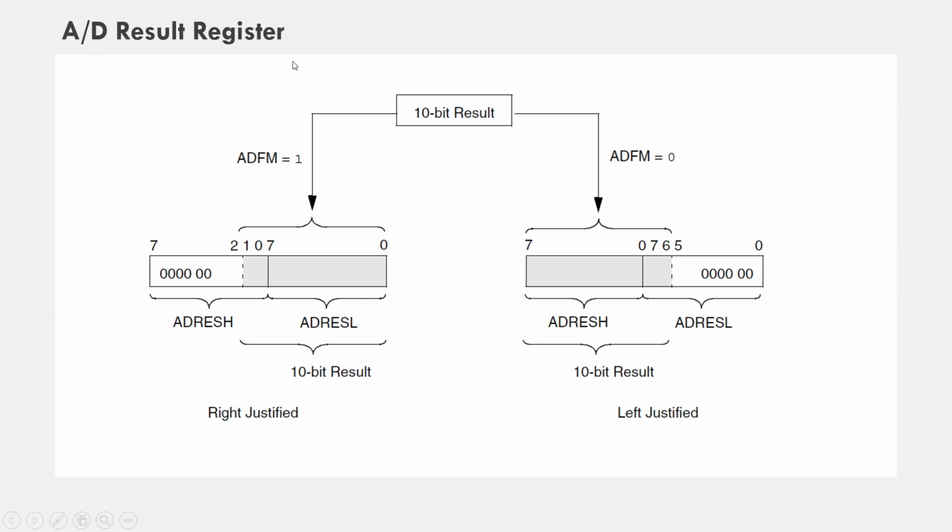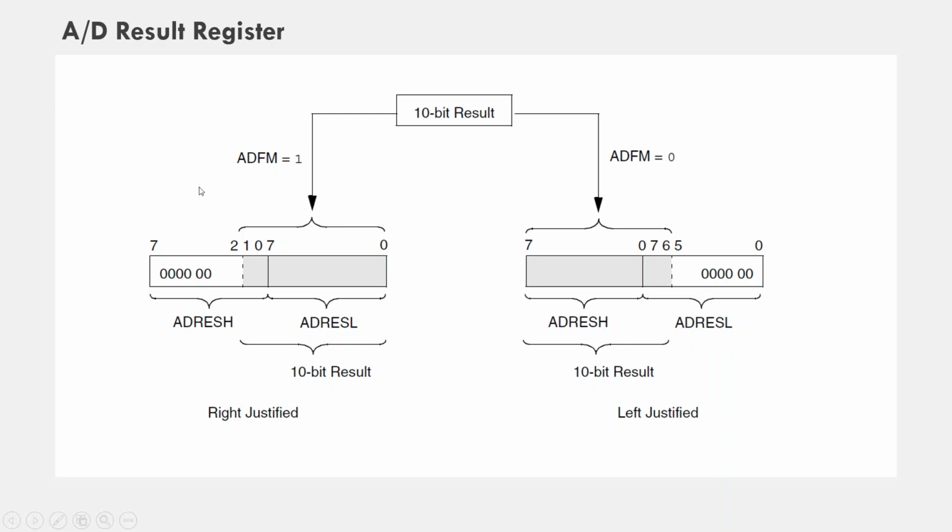This is the ADC result register. As told earlier, the result register is 16 bits, that is ADRESH and ADRESL, but the result of the ADC is only 10 bits. So we have two options: either left justify or right justify the result by using the ADFM bit.